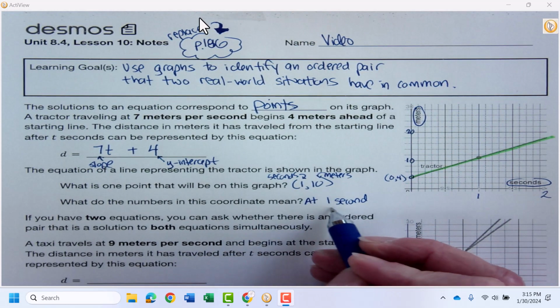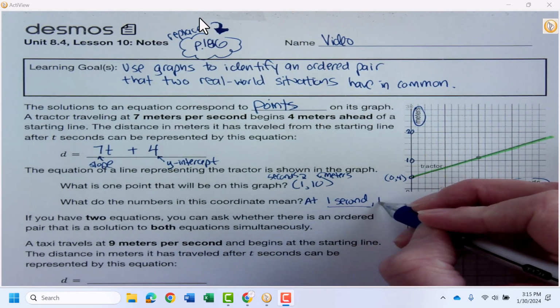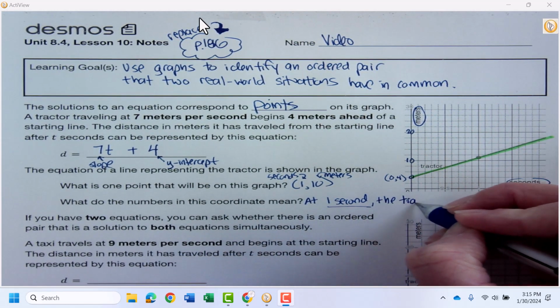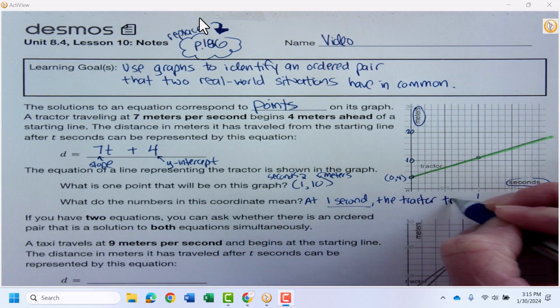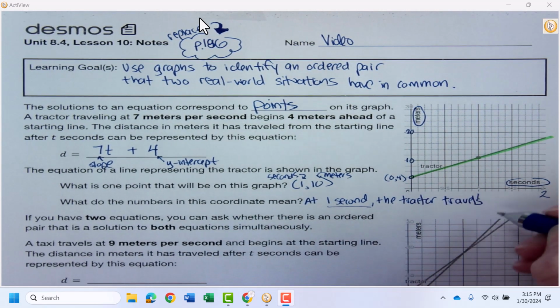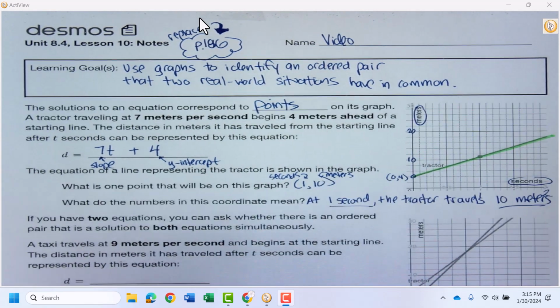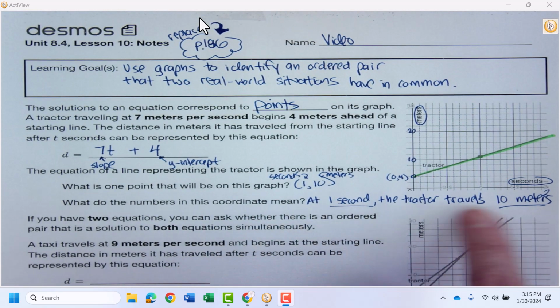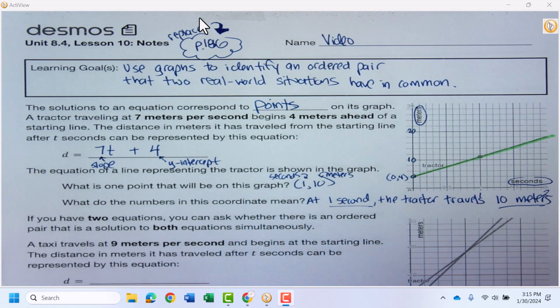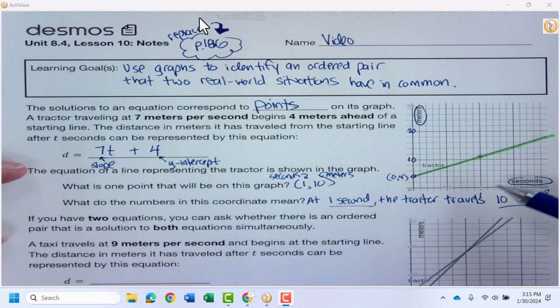There's the 1 from the coordinate. The tractor travels 10 meters. There's the 10 from that coordinate. So we should be able to identify what the numbers in the coordinate mean. So that's just a review of what a solution means for a line.